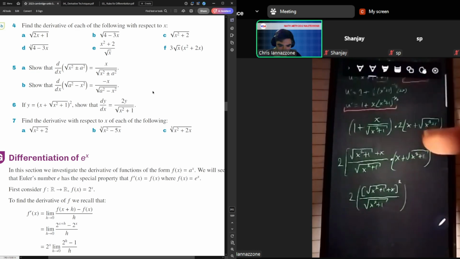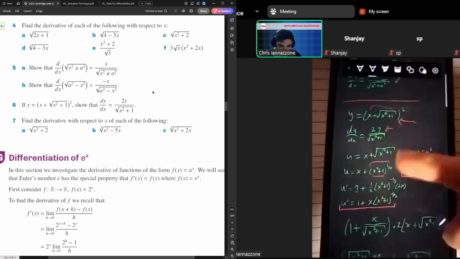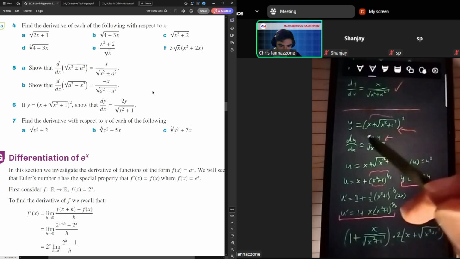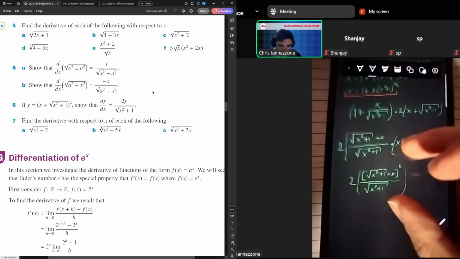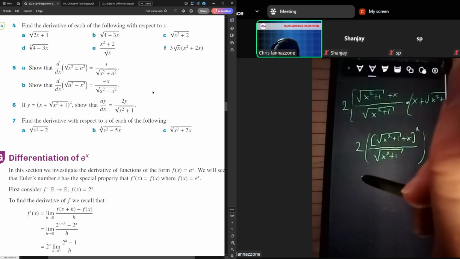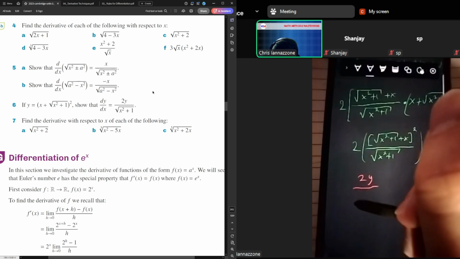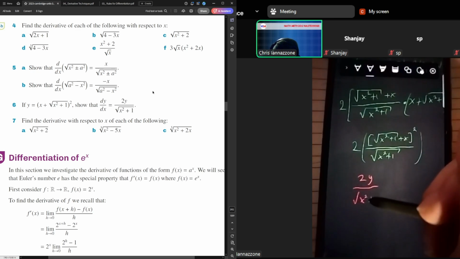What you might notice is that that's exactly what we have here. x plus square root of x squared plus 1 all squared. These two things are the same, and so instead of writing all of it at the numerator, we just replace it with y. 2y square root x squared plus 1.